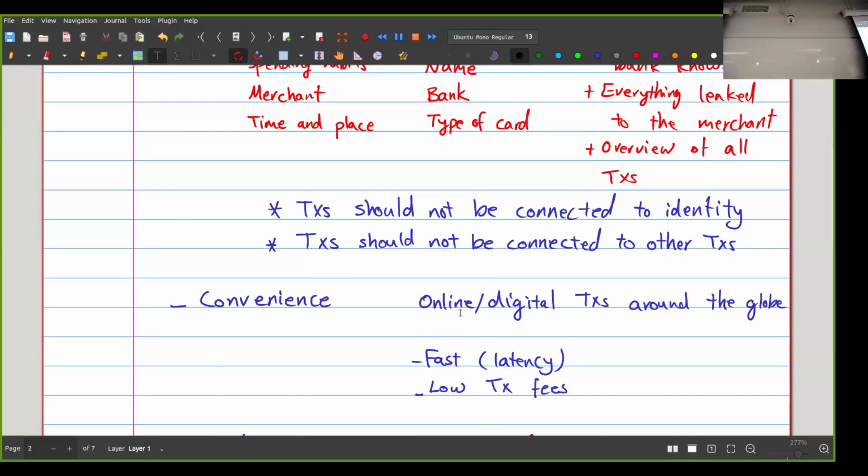So the word that we use technically is that I want it to have very little latency, which means that from the time that I create a transaction to the time that the transaction is actually finalized and processed, it shouldn't take long. Now, we will see later on that in Bitcoin, this is actually around 1 hour. But we have much better technologies now. We have much better cryptocurrencies and much faster ones.